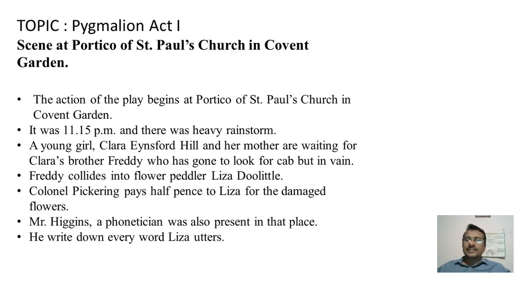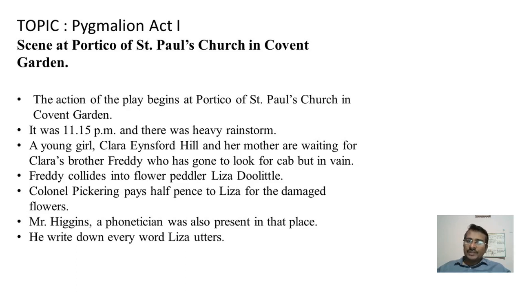So after the rain, some of the people appear at that portico, such as a young girl named Clara Eynsford Hill and her mother, who are waiting for Clara's brother Freddie, who has gone to look for a cab, but he could not get it.